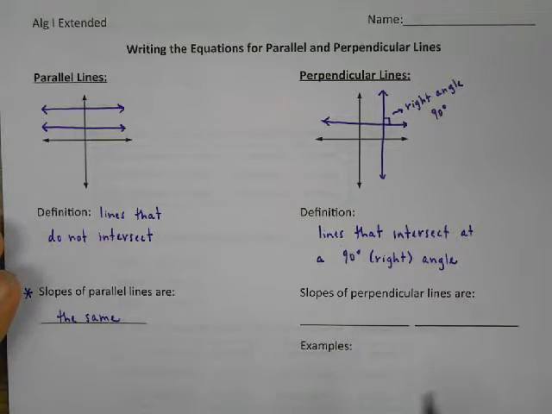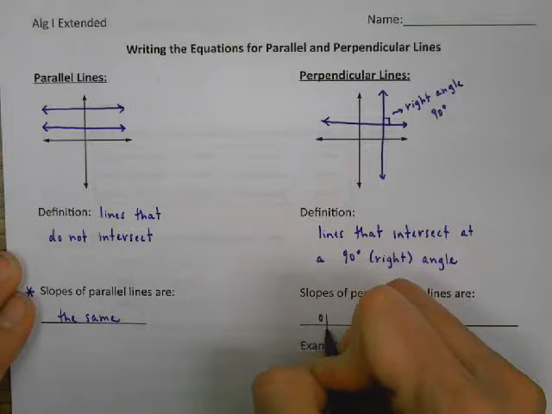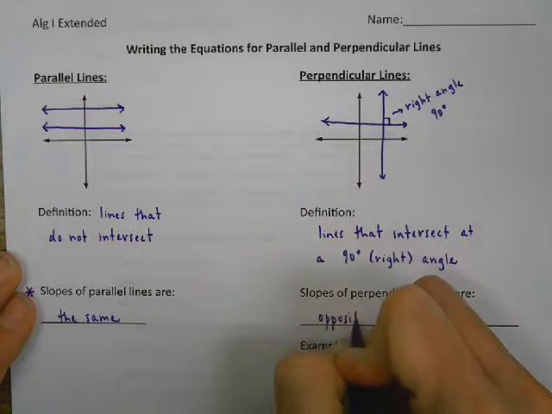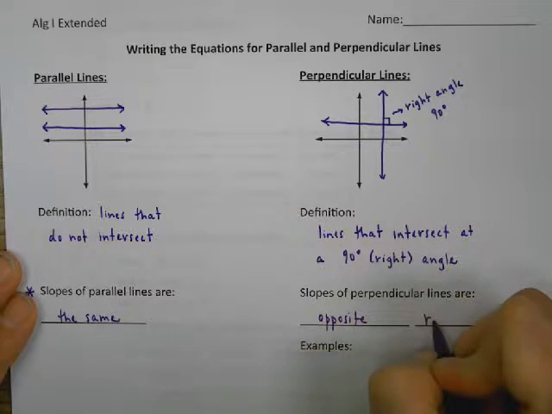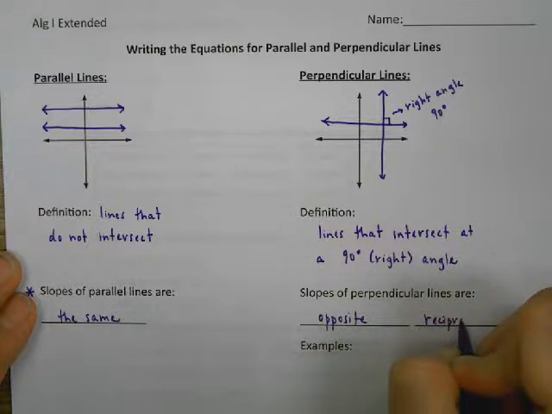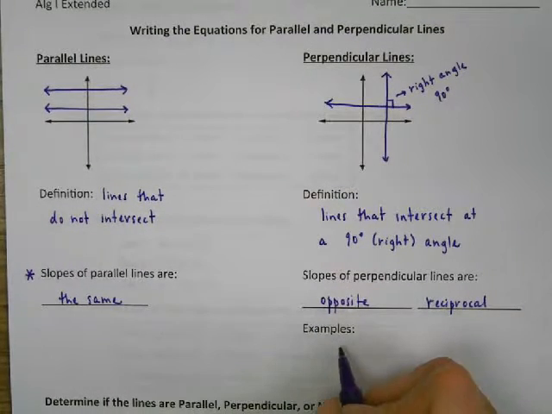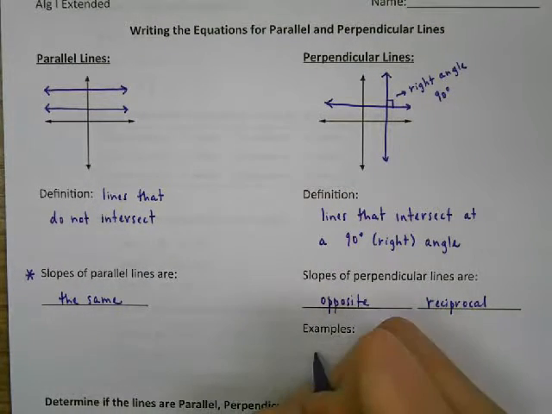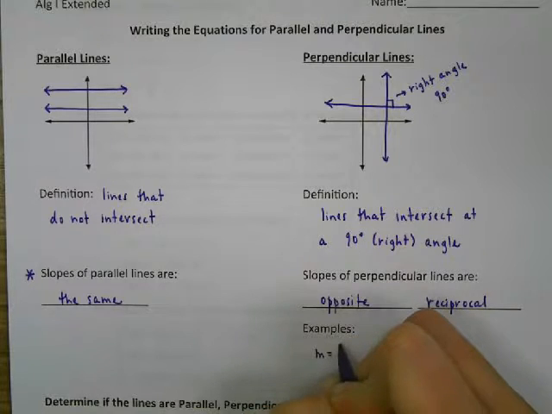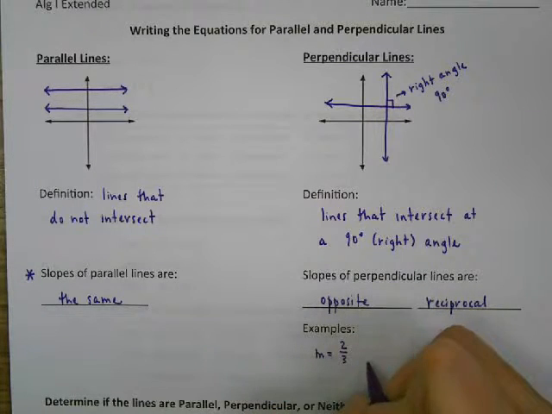In this case, for slopes of perpendicular lines, those are opposite reciprocals. And hopefully reciprocal should be a very familiar word, right? Reciprocal is just when we kind of flip the fraction. So for example, slopes of perpendicular lines might look like this. One slope might be 2/3.